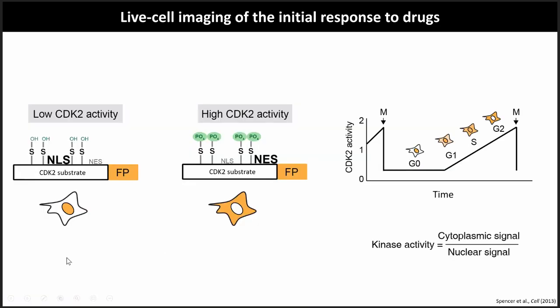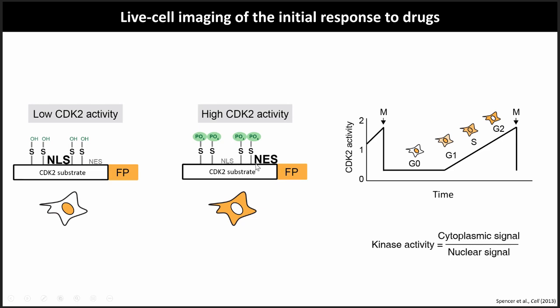Before I show you a movie of the melanoma cells adapting to drug, I want to just quickly go over how the CDK2 activity sensor works, which you'll be seeing. It consists of a CDK2 substrate tagged with a fluorescent protein. When CDK2 activity is low, the sensor fluorescence is in the nucleus. But as CDK2 activity builds up, the sensor becomes phosphorylated.